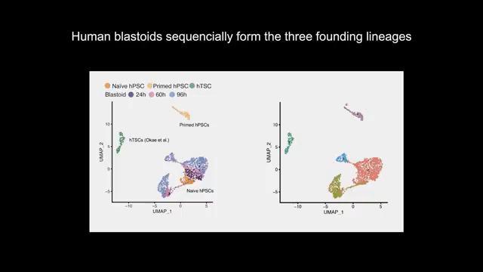These are actually controls that we spiked into the experiment. These are so-called primed human embryonic stem cells that represent the perigastrulation stage embryo, and these are human trophoblast stem cells that were derived by a Japanese group in a study led by Okae a couple of years ago, and that represent a post-implantation stage.